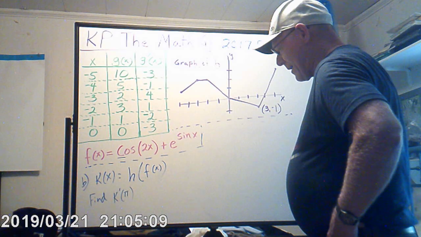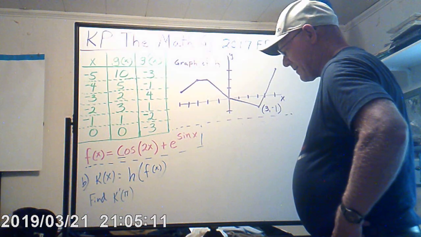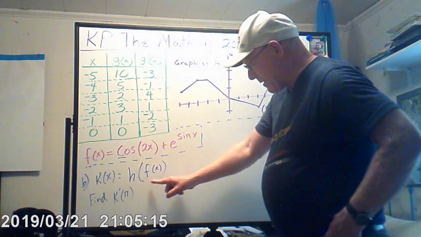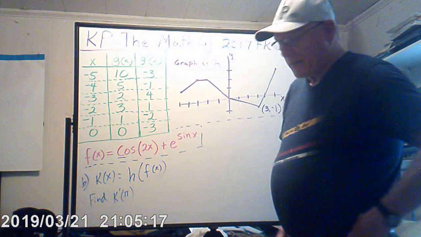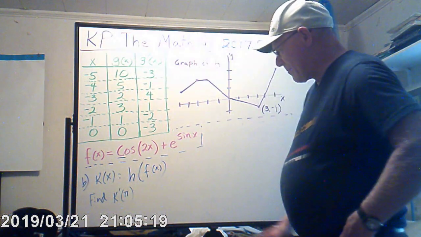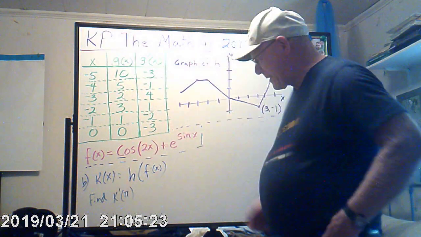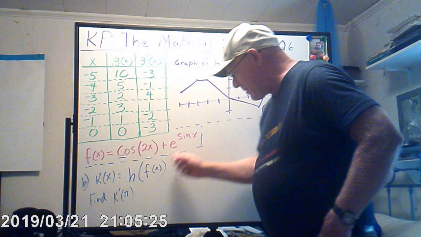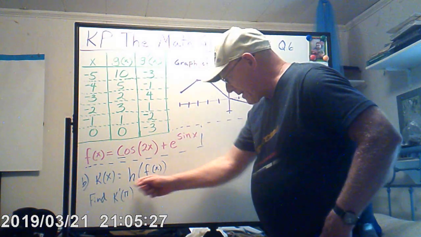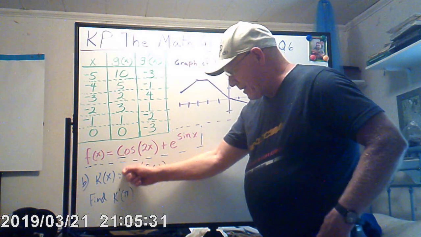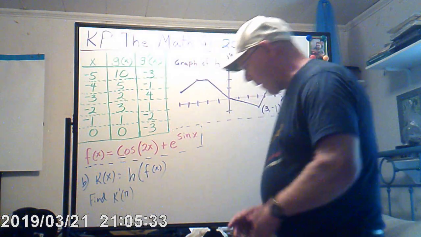Well, let's take a look right here. What does this remind you of? Yeah, we might say that's a composite function. It's kind of like cosine of 2x, e to the sine of x, right? So remember you just take the derivative of the h first.